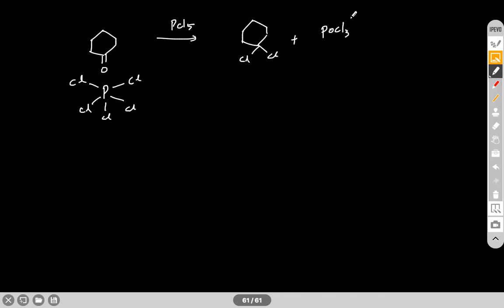You understood this? So in all these reactions, like I said, PCl3, PCl5, okay, Williamson ether synthesis reaction, in all these reactions you don't have to be concerned with the degree of alcohol or alkyl halide. Okay, it is fixed. It goes like this only, always.